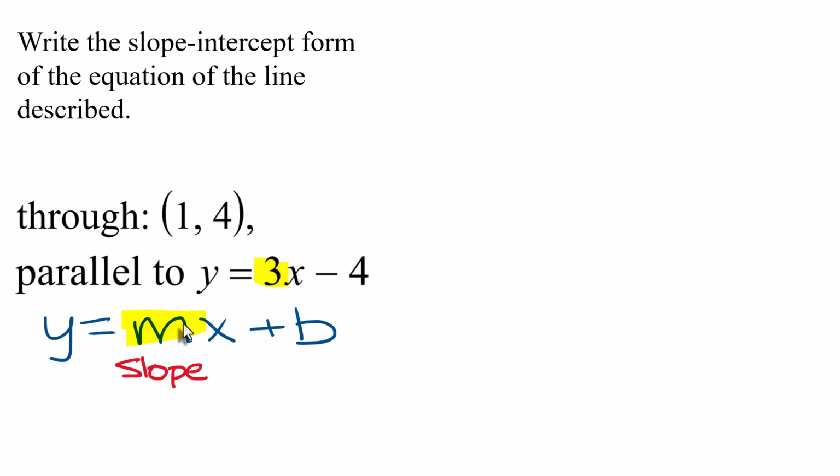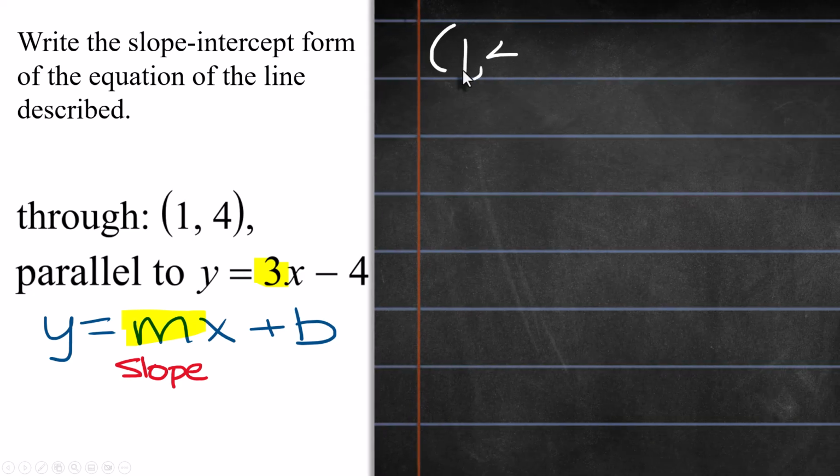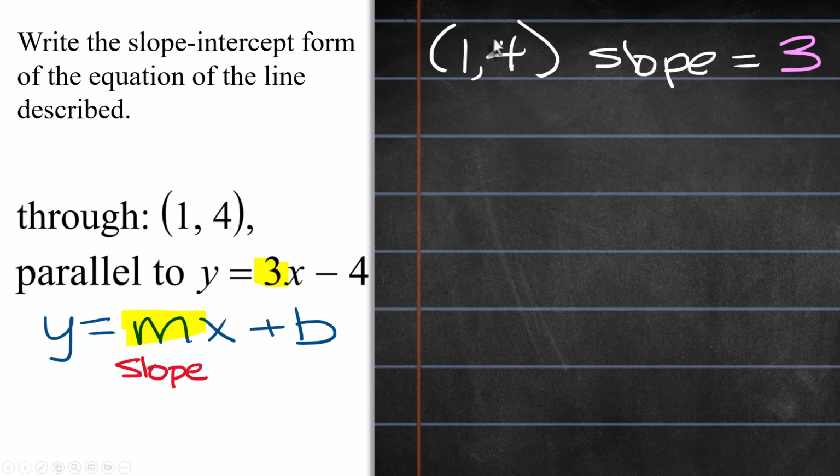So I need to write an equation for a line that has a slope of 3 and goes through this point. We're going through the point (1, 4), and the slope is 3. In this point, the 1 is the x and the 4 is the y. I'm going to pull in y equals mx plus b, that's the formula, and then replace everything I can replace.